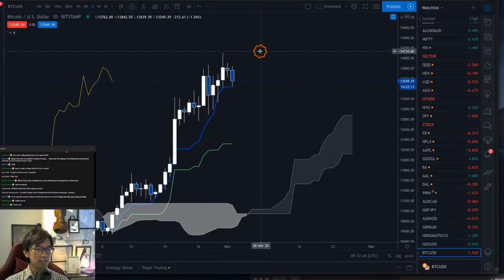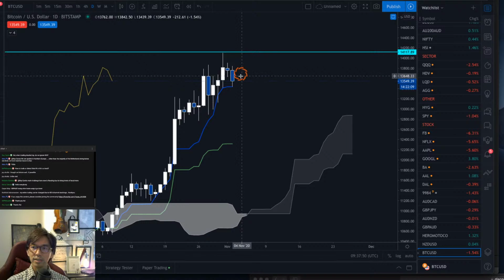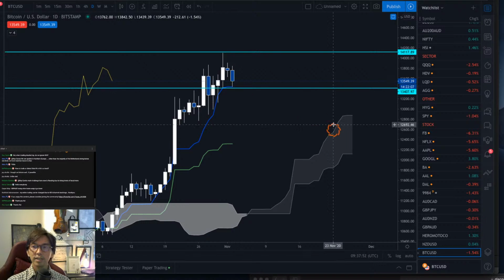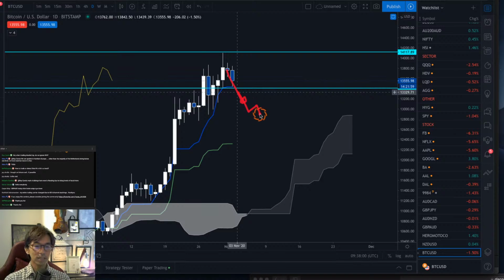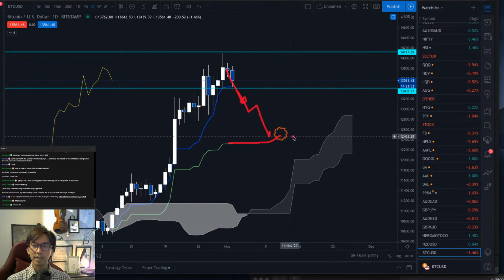But one thing that is significant in this case is this bearish engulfing, like an inside bar. I can see that there was an inside bar, and once it breaks down, it might be a downtrend. In a shorter time frame, it might be downtrending, and it might reach back to the Kijun Sen this way.